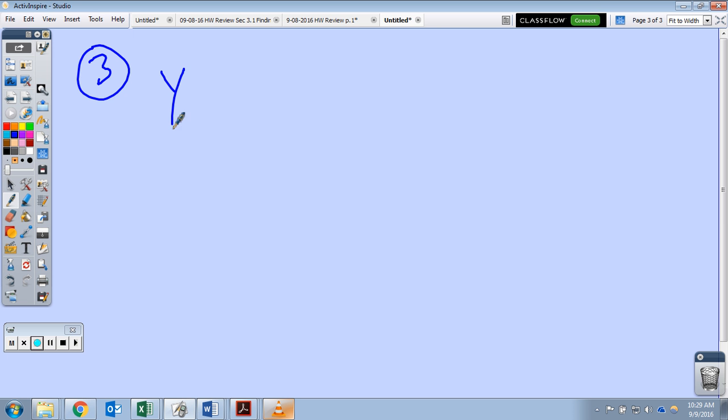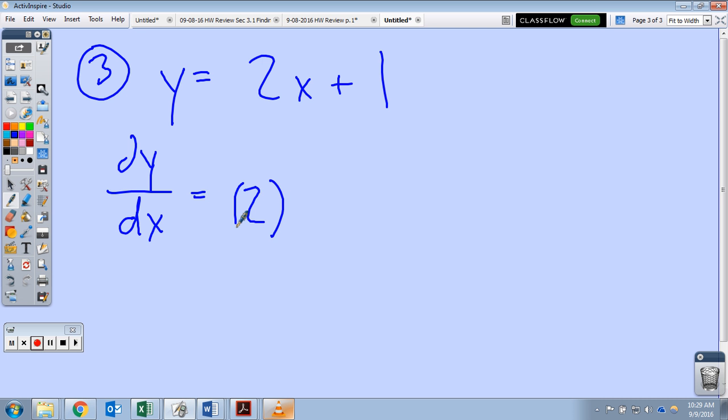Number 3, we have y equals 2x plus 1. So dy/dx would simply be 2: 1 coming to the front, and then dropping this down a power. x to the 0 plus 0.